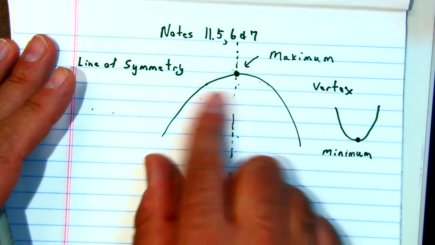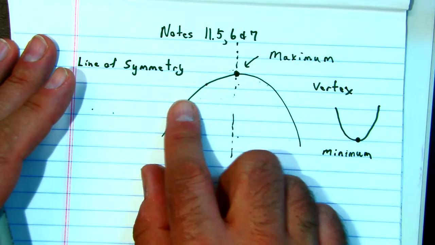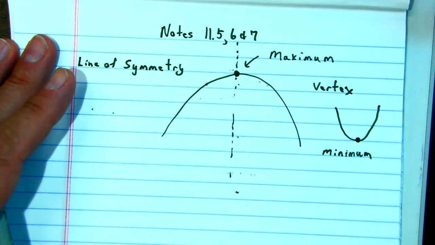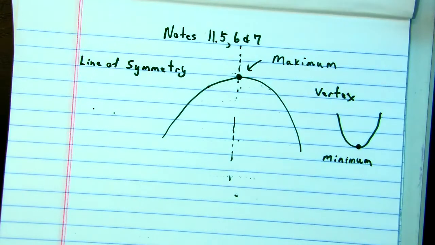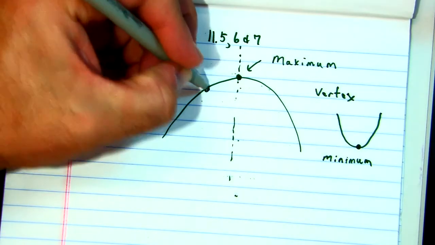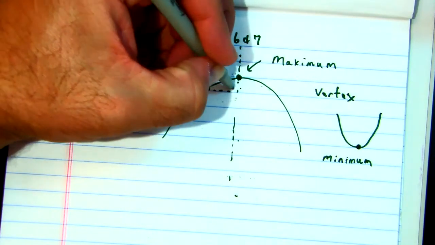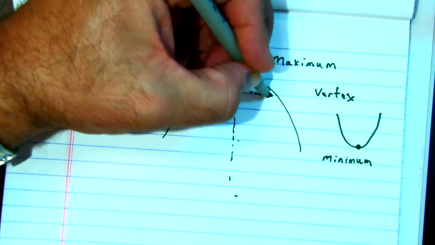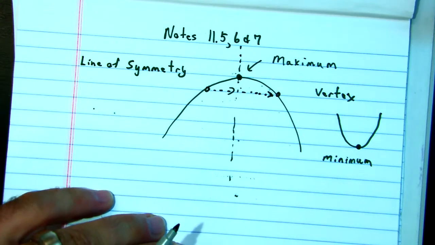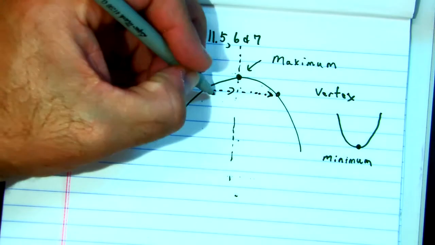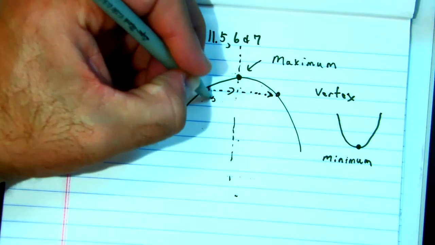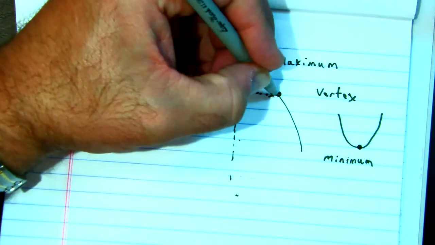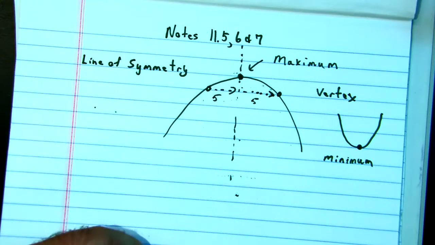That line is equidistant, or cutting this into two equal pieces. Now, why is this important? This is important because every point along here is the same distance from that line. Okay, so if this is 5 units away, this is 5 units away.